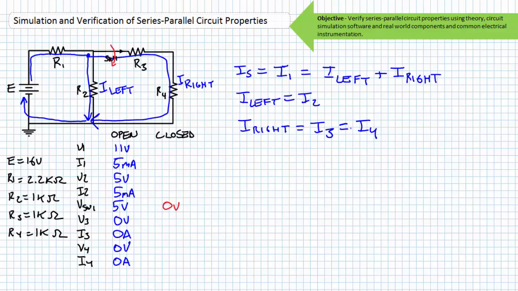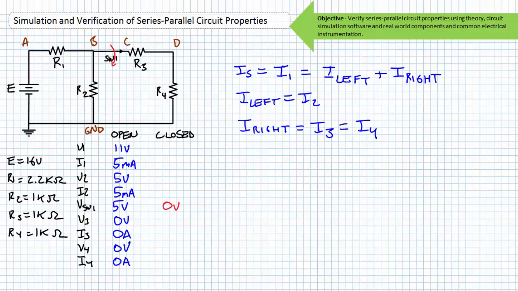current I1 or IS. Since R2 is in parallel with the series combination of switch 1, R3, and R4, it can be said the voltage drop across these two paths from B to ground is the same, whether you travel from B to ground through resistor 2, or the switch in series with resistor 3 in series with resistor 4.